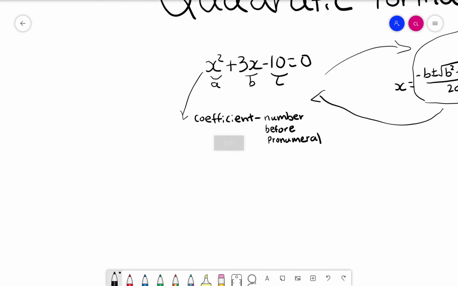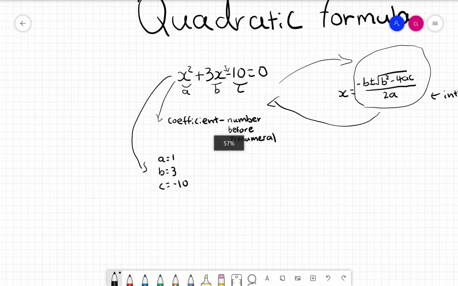So seeing from here, a equals 1, b equals 3, and c equals minus 10, because remember, there's a minus sign.